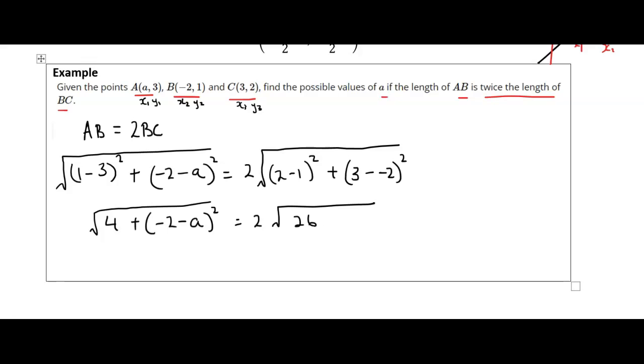At this point you could square both sides, so let's go ahead and do that. That gets rid of the square root sign. You're going to square the 2 though, so 4 times 26. 4 times 25 is 100, so it's going to be 104.